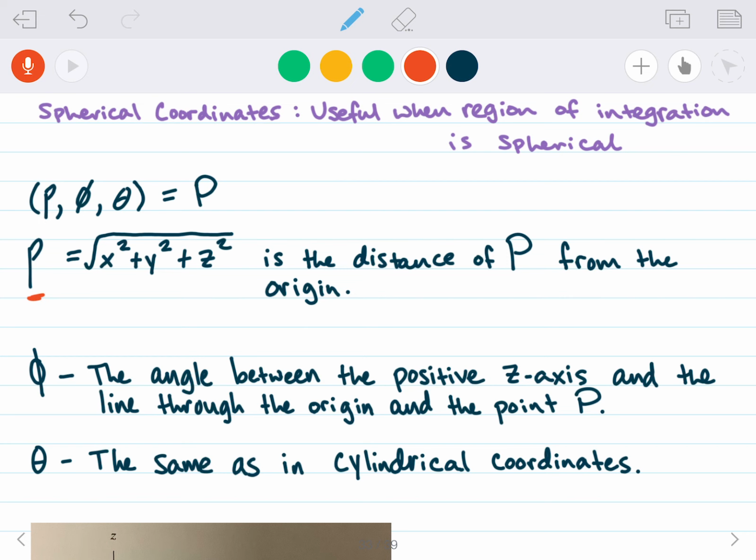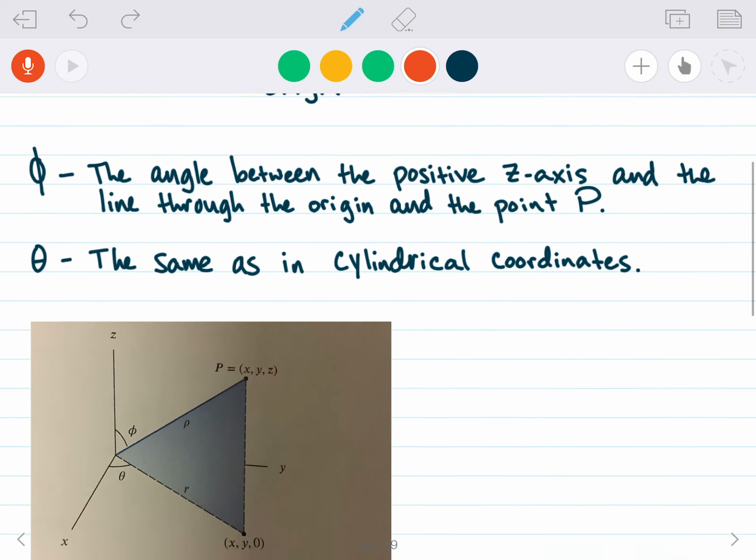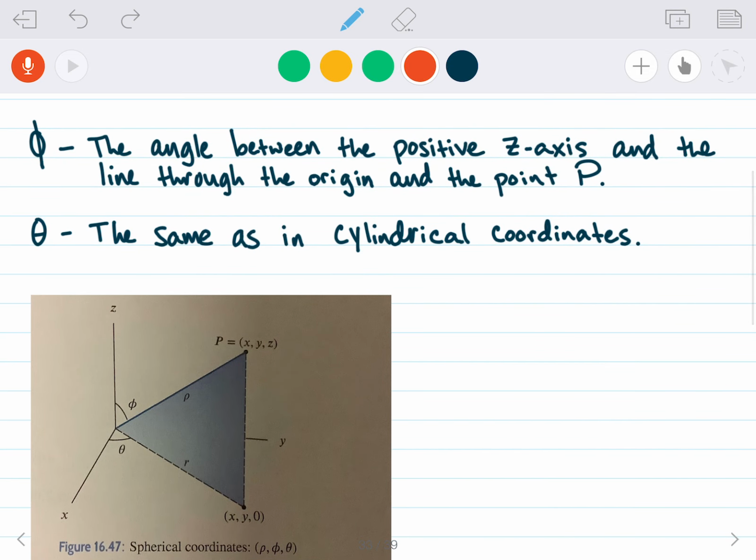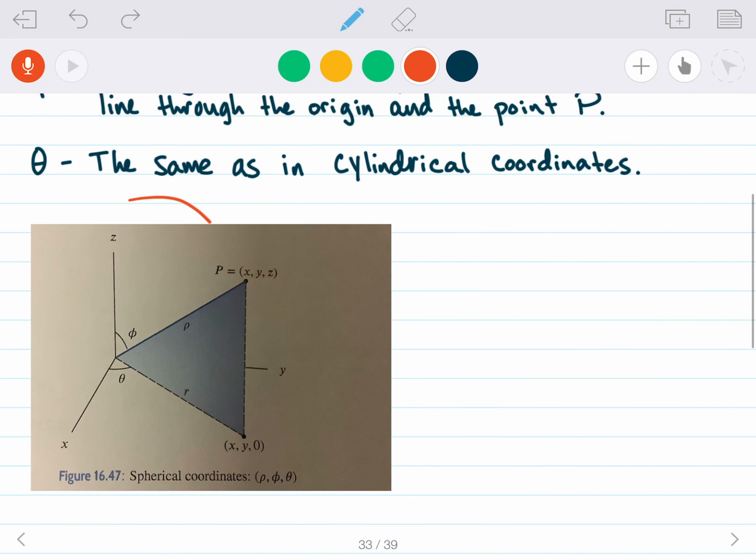That's what rho is defined to be. Phi is defined to be the angle between the positive z-axis and the line through the origin and the point P. And theta is the same as in cylindrical coordinates. So here we have a representation of a point P in rectangular x, y, z, and it's telling you what all of these values that I just mentioned were.